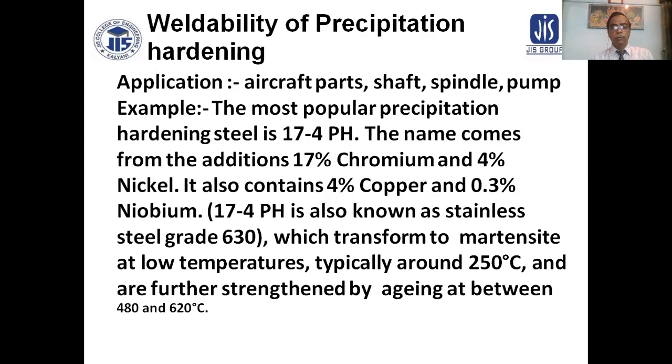It also contains 4% copper and 0.3% niobium. 17-4 PH is also known as stainless steel grade 630, which transforms to martensite at low temperatures, typically around 250 degrees centigrade, and is further strengthened by aging between 480 and 620 degrees centigrade.